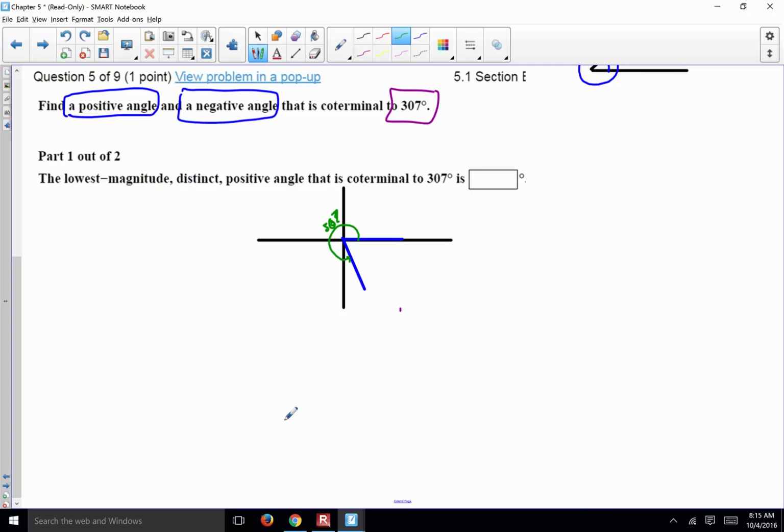Okay. Now I need to create the same angle. I just need to turn more. I'm just going to add one more turn to this. I need to get a full turn so I can go to the same terminal destination. So what is the positive coterminal angle to 307? This is already 307 turn.